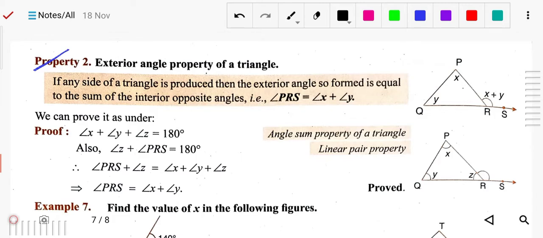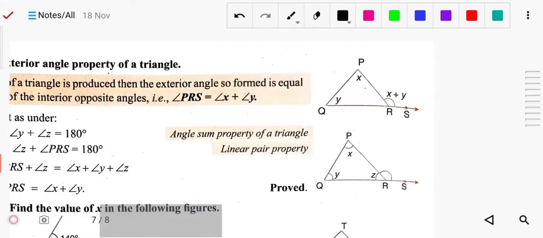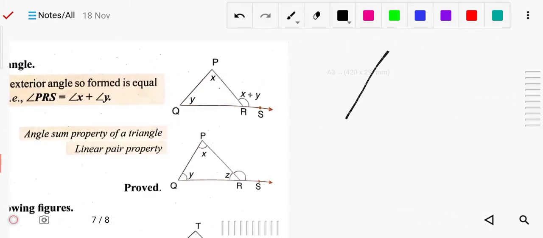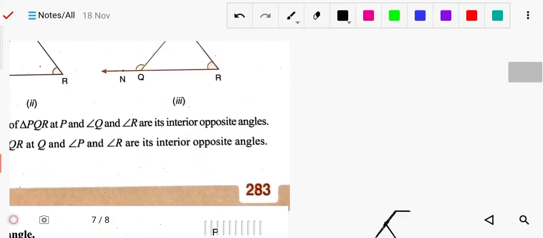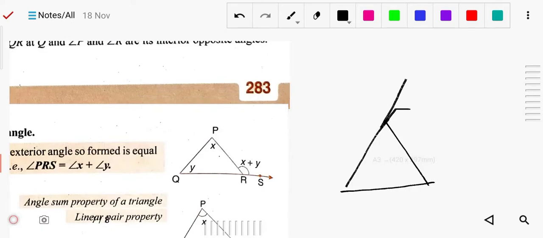If any side of a triangle is produced, then the exterior angle so formed is equal to the sum of the interior opposite angles. Suppose this is the triangle. In this triangle, you can extend this side, or this side, or this side.